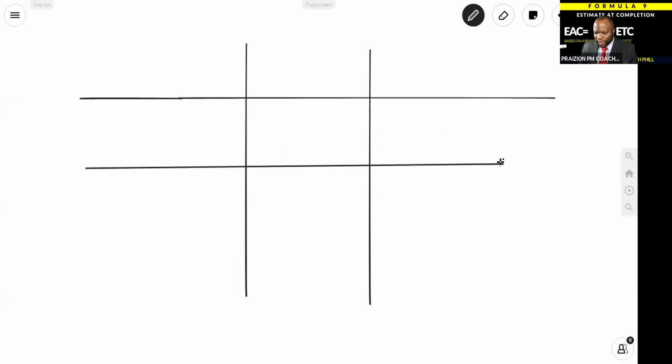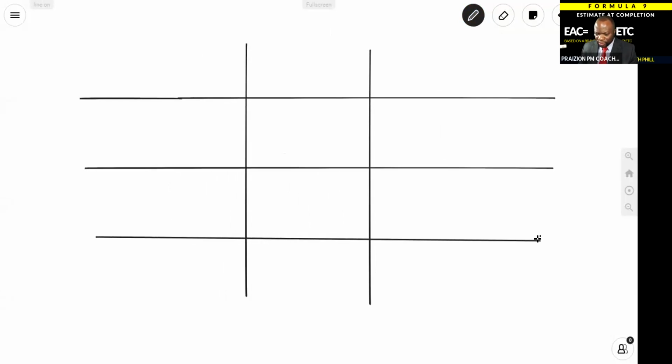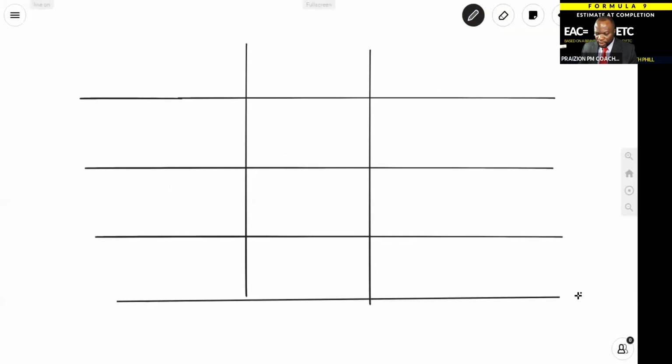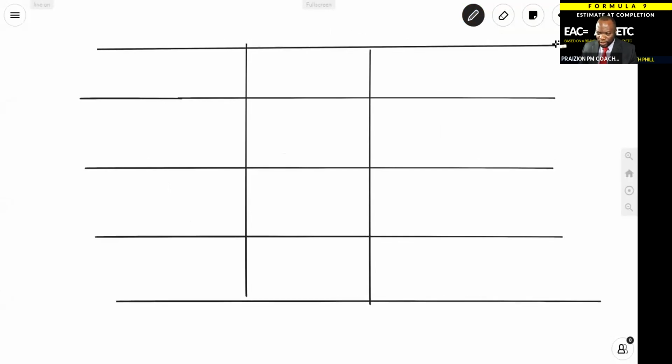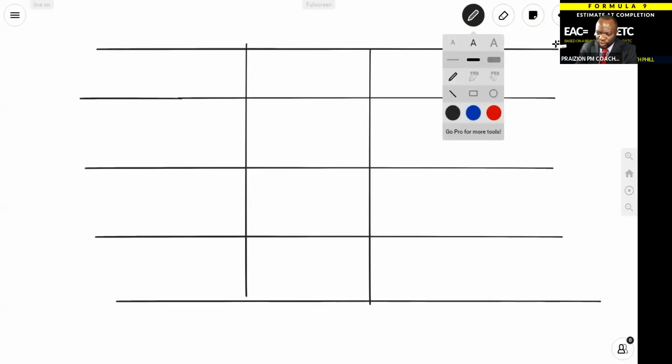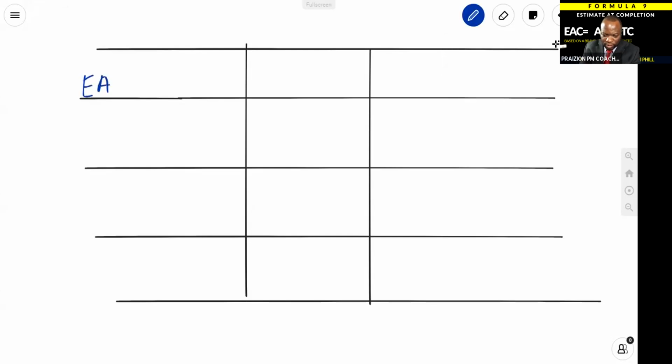So I would like you guys to do something like this on your blank sheet of paper. We're going to just categorize these pesky little EACs once and for all and know what is what. So for this first one, this one that we call EAC equals AC plus ETC, you're just going to say budget is flawed.